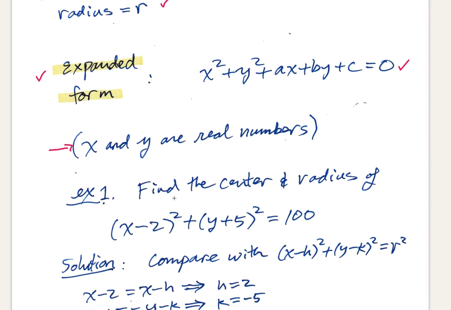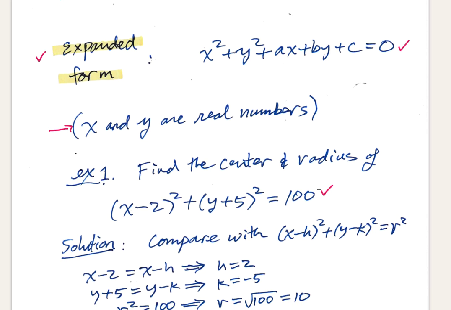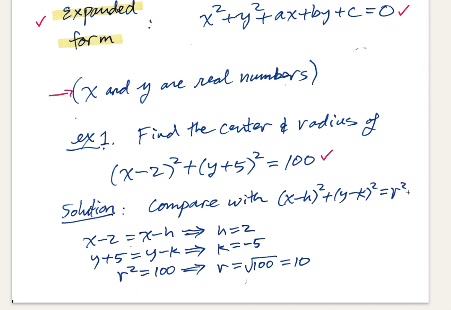Example 1, find the center and radius of (x - 2)^2 + (y + 5)^2 = 100. You can see that that's a circle, and it is written in center radius form here. Here's our center radius form, just for emphasis: (x - h)^2 + (y - k)^2 = r^2. And then we just associate corresponding parts.